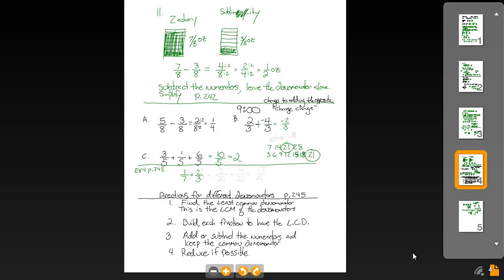Here's how I do it. I state my goal, and my goal is to have both of them be out of 21. But I build. You said 3 times 7, Mike. That's how I get 21. I want to also build the numerator.